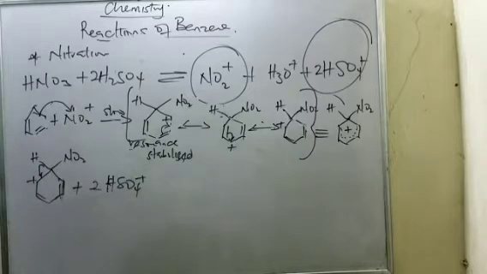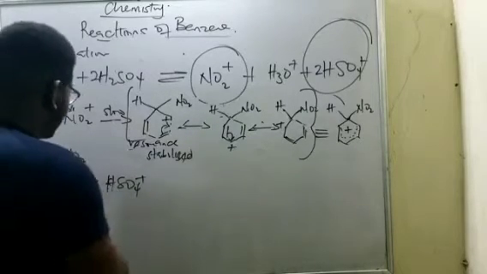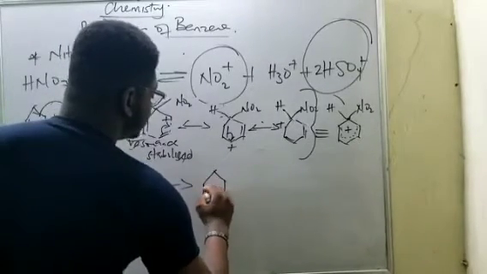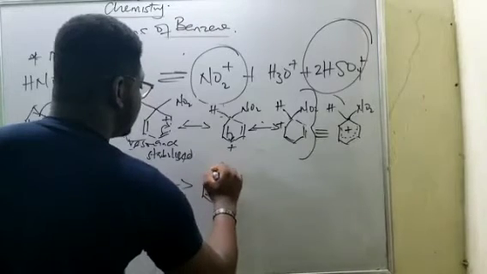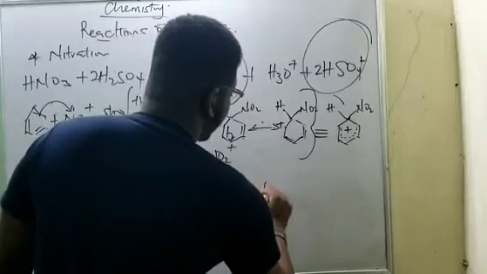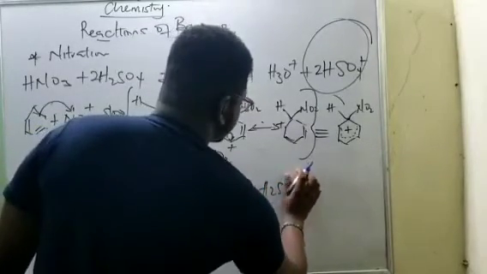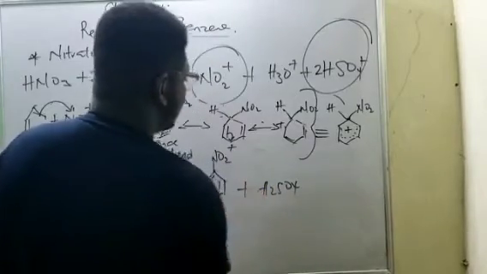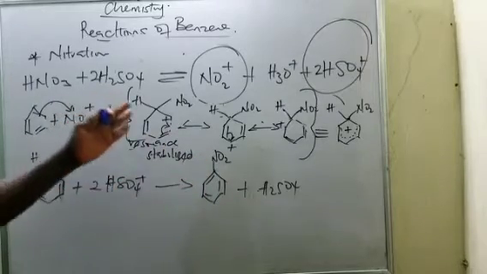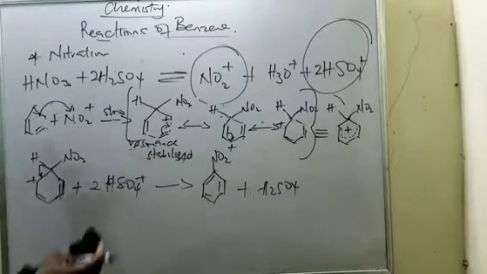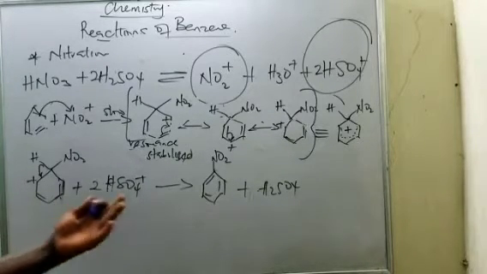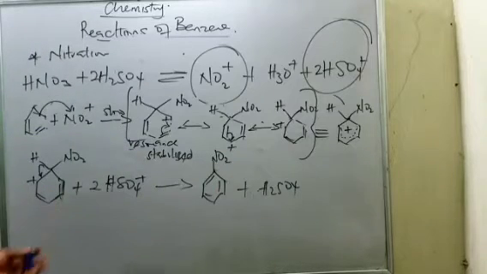The hydrogen leaves not as an atom but as a proton, and we are left with the formation of nitrobenzene and sulfuric acid. So we have substituted the hydrogen on the benzene ring for the nitronium ion just by this mechanism. And the good part of this mechanism is that it follows the same process for all other kinds of reaction.